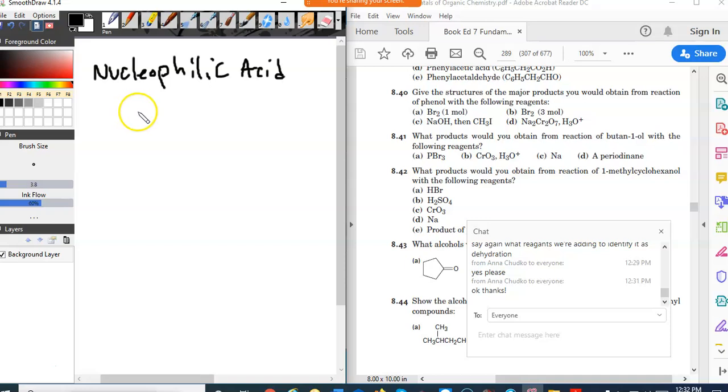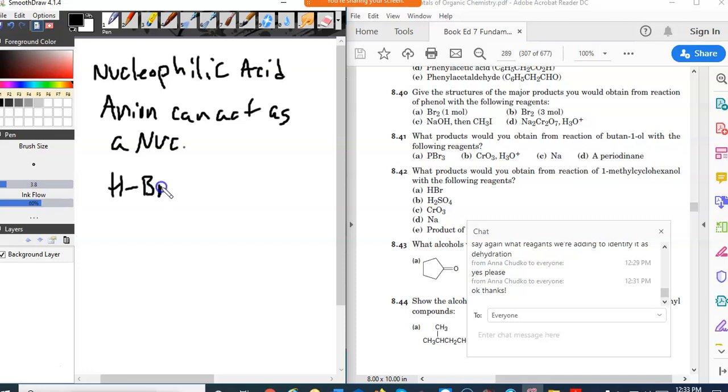A nucleophilic acid is where the anion can act as a nucleophile. So HBr is an example of a nucleophilic acid, because when it ionizes, it forms Br minus, and Br minus is a nucleophile. It has a negative charge. It's just one ion, and it can act as a nucleophile.